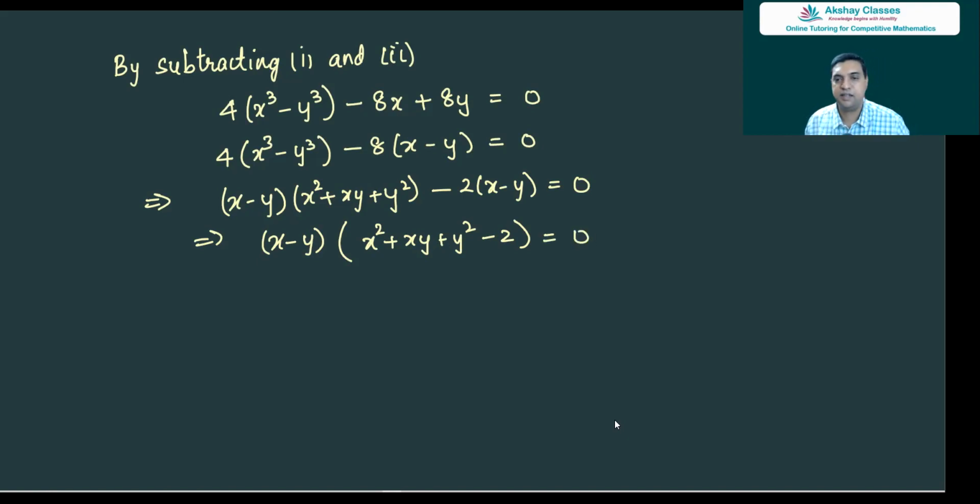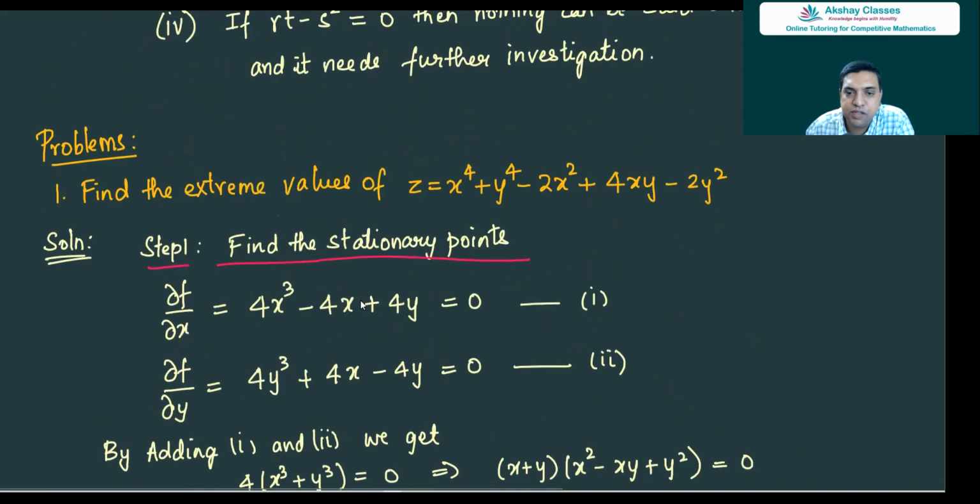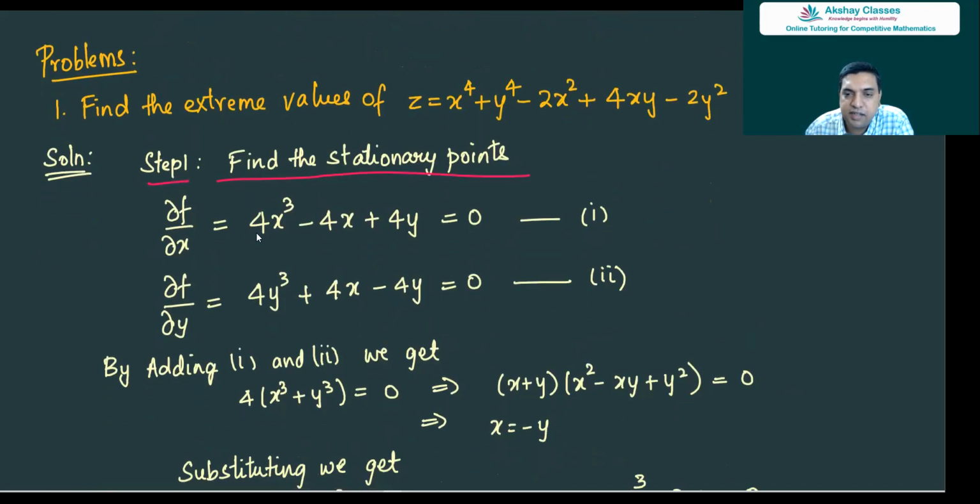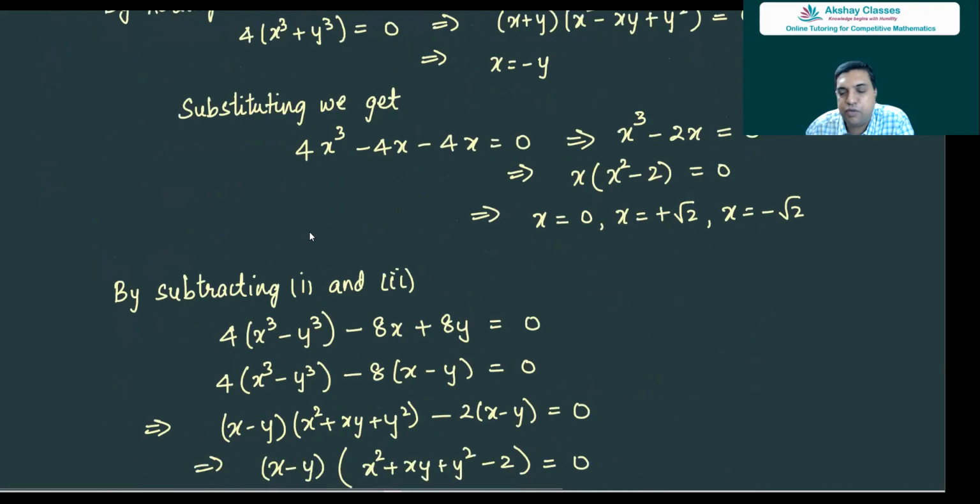And this can never be 0. So the only possibility we get is x equal to y, and if we substitute x equal to y in any of these equations, 4x, 4y cancels, then we get 4x cube equal to 0.